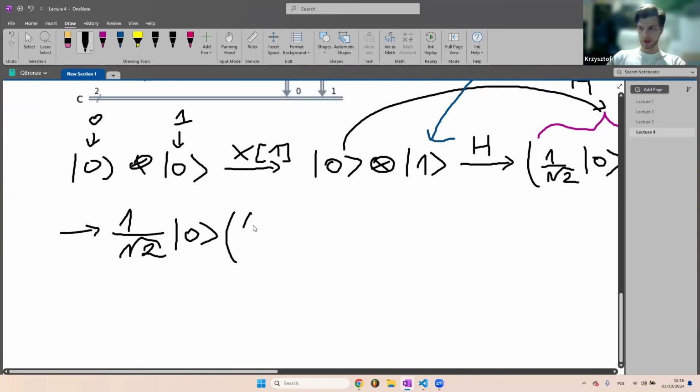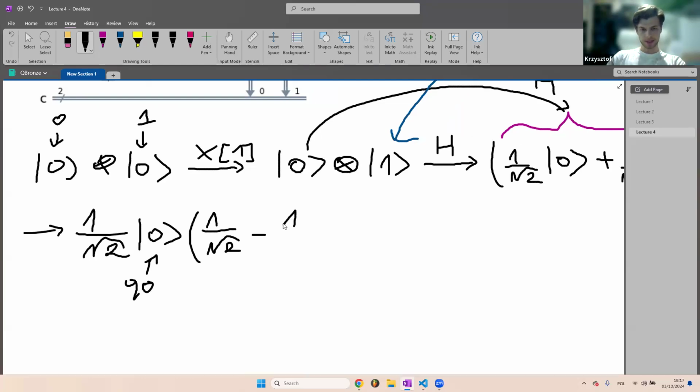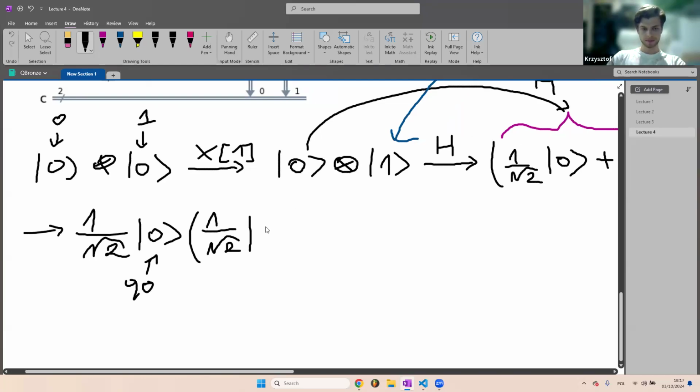So once again, now I write the state of the 0 qubit, so let's say Q0. And now I will rewrite the state of the first qubit. So this will be Q1.